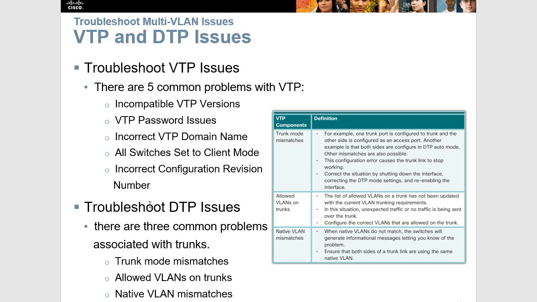For VTP password issues, you need to make sure those passwords are set up correctly. Also, the domain name needs to be set correctly for all switches you want to participate in VTP. If all your switches are in client mode, nobody is sharing or originating information, so no VLANs will be created. You won't be able to configure VLANs on any of them either, because they're in client mode. Another issue is an incorrect configuration revision number. We talked about that earlier.